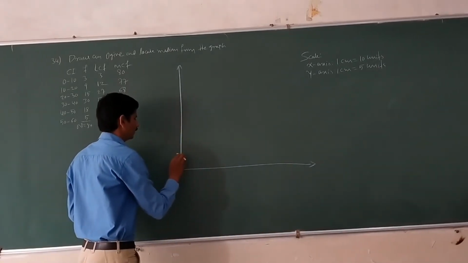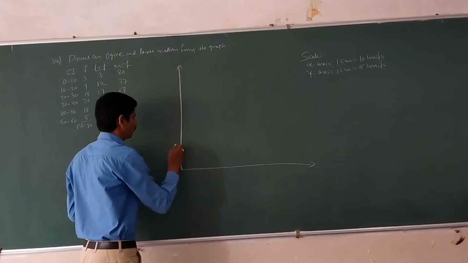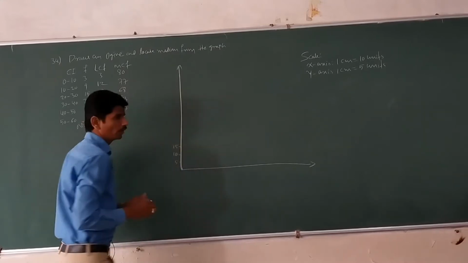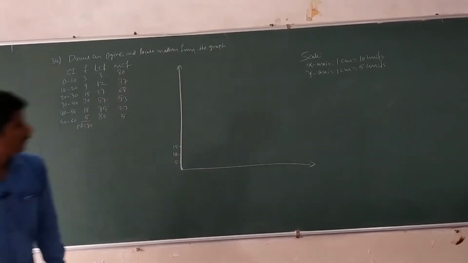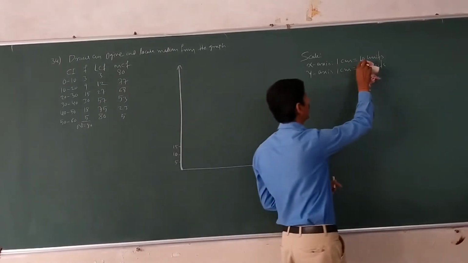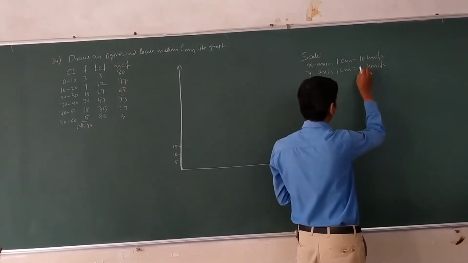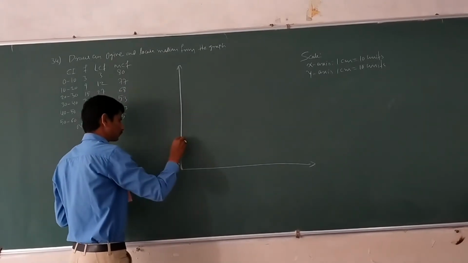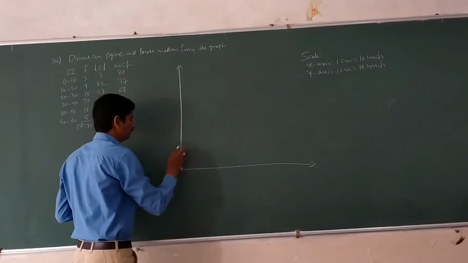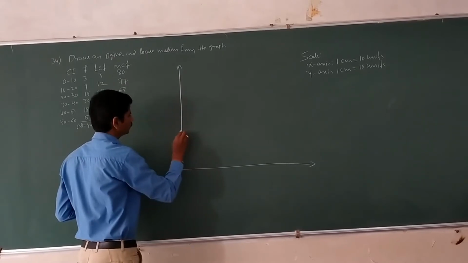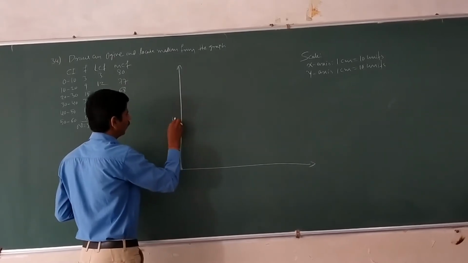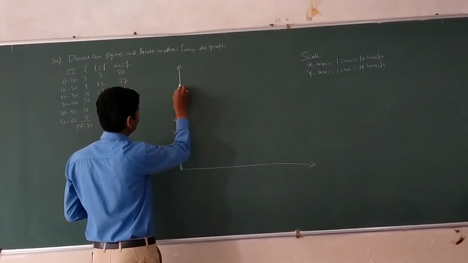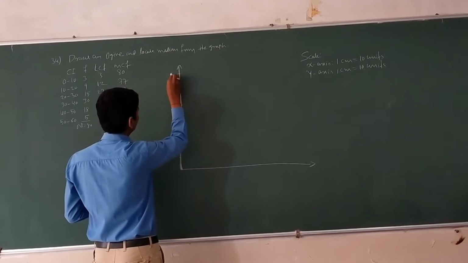5, 10, 15. Otherwise, I'll take 10 units. 10 is better. Here, on the y-axis, 1 centimeter equals 10 units: 10, 20, 30, 40, 50, 60, 70, and 80.